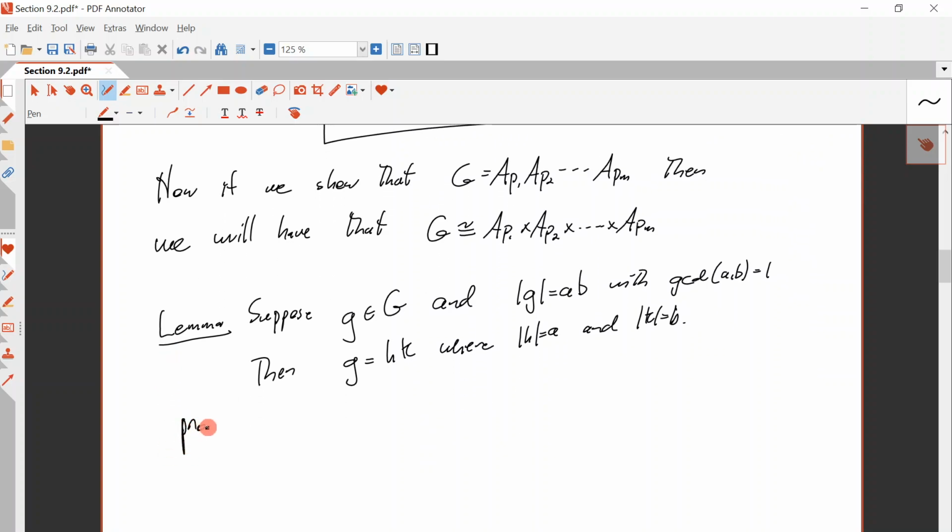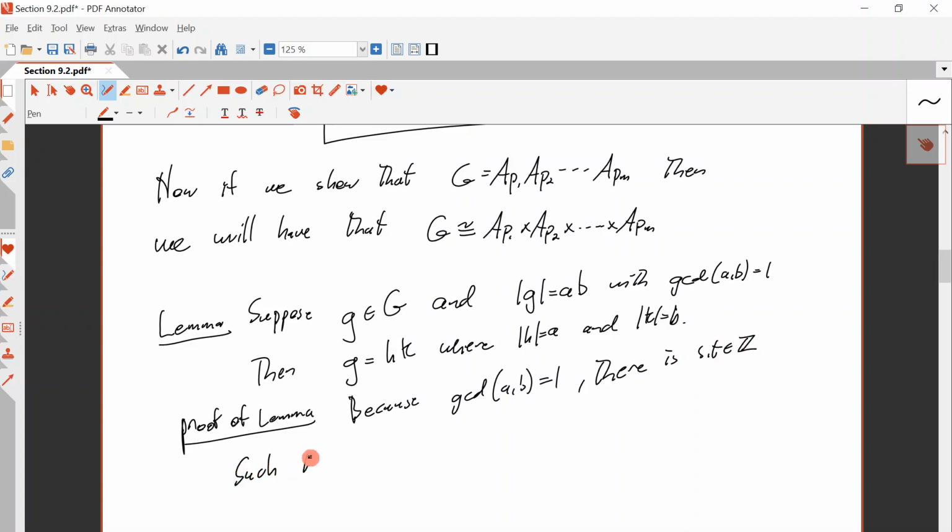Proof of the lemma. Because the GCD of a and b is 1, there are integers s and t such that 1 is equal to as plus bt.